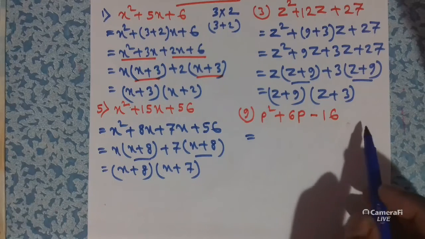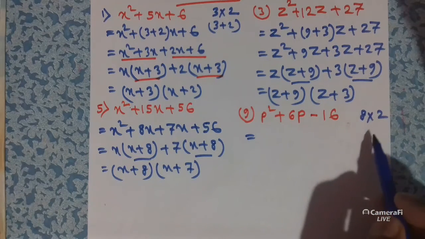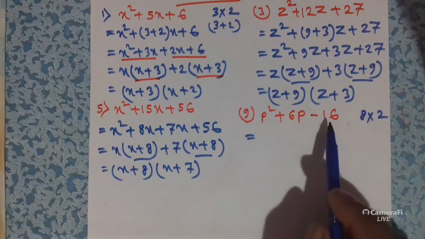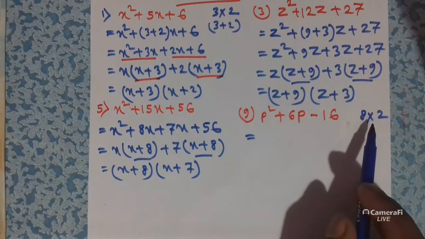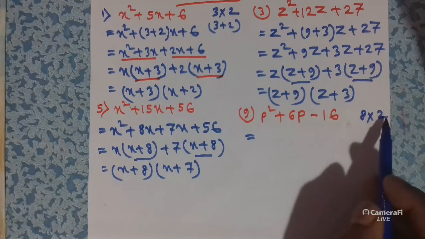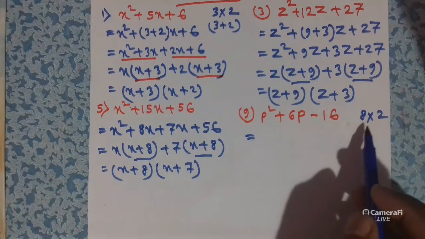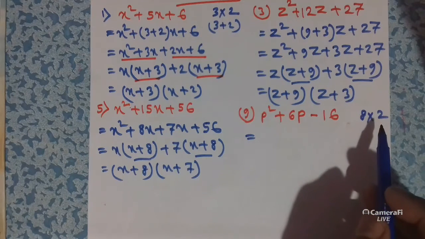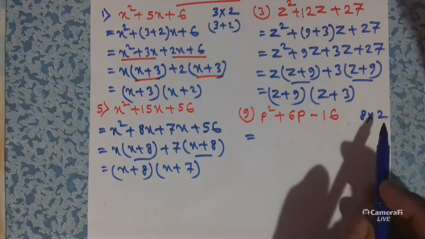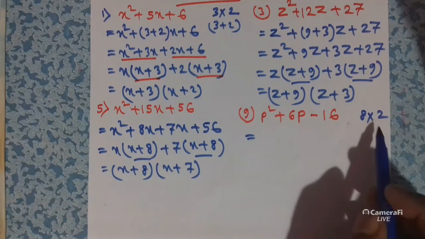But if we take 8 into 2, you can see that 8 into 2 is 16, and if we subtract 8 minus 2 we get 6. So not always do we have to take only positive numbers; sometimes we have to take a positive and a negative number also.